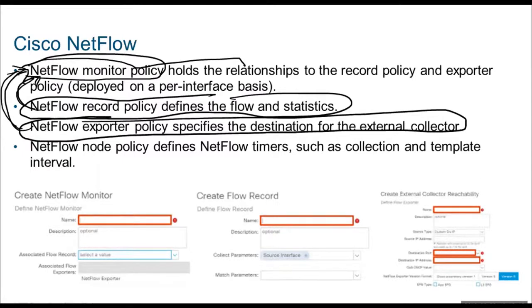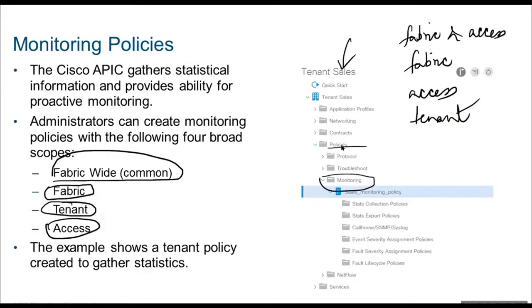You can go to the tenant and then the tenant policies. When we saw tenant policies for monitoring, there's also a folder called NetFlow where you can configure NetFlow monitoring on a tenant basis.